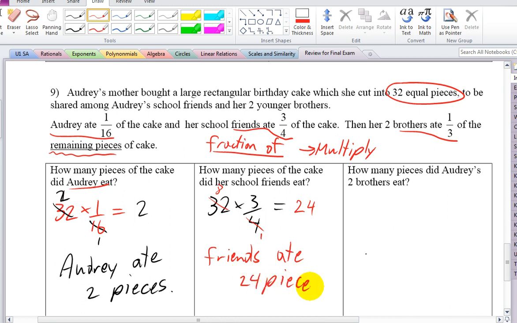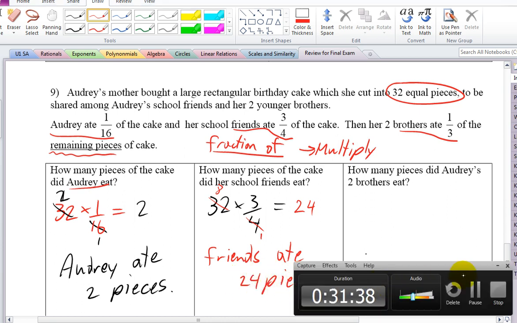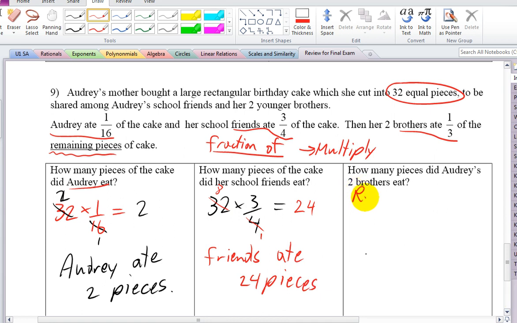First of all, let's figure out what's remaining. Okay, so Audrey had a go at the cake, friends had a go, and there's some left over. How much was left over? So 32 pieces at the start, minus 2 is 30, minus 24 equals 6 pieces left over. So they eat 1/3 of that. Go for it.